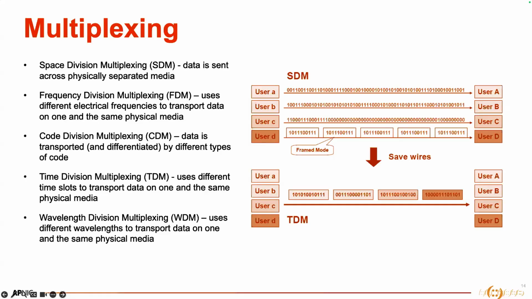When we talk about frequency division multiplexing, we are working with the frequency of the wave, the data we are transmitting from source to destination. For wavelength division multiplexing, we are working with the wavelength of the wave, not the frequency.